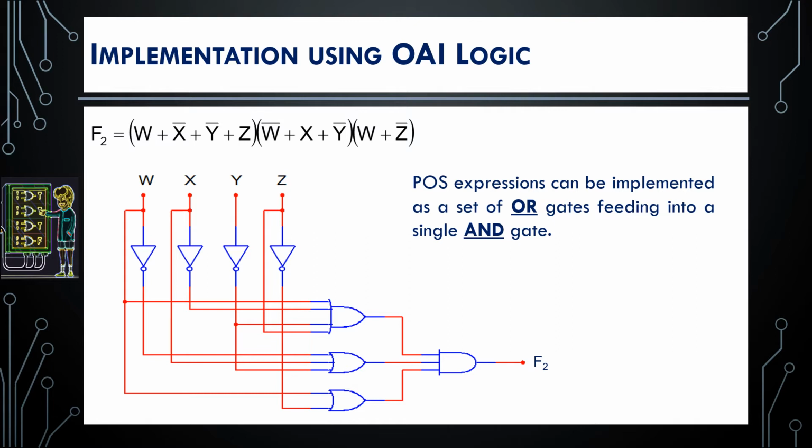The first OR gate is a 4-input OR gate, and the inputs are W, X complement, Y complement, and Z. In the second OR gate, the inputs are W bar, X, Y bar. And in the third OR gate, the inputs are W and Z bar. The outputs from each of these OR gates are multiplied with the help of a single AND gate, which produces the final Boolean expression.